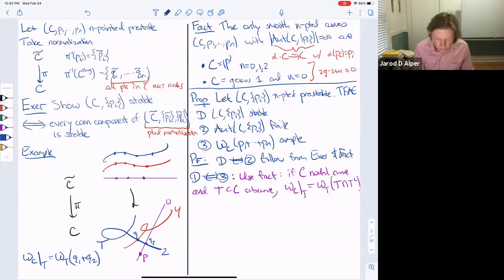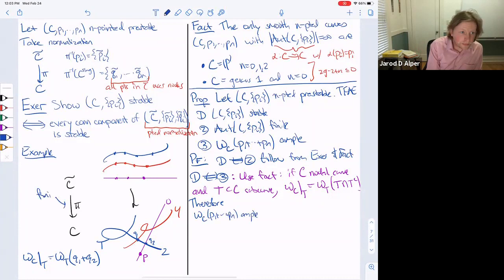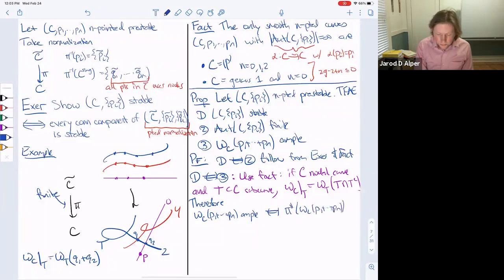Right, and so I'm going to now use this fact. So therefore, let's understand when this line bundle is ample. Well, the normalization is a finite morphism, so this is the same as the pullback being ample. But the normalization is just a disjoint union of its components.